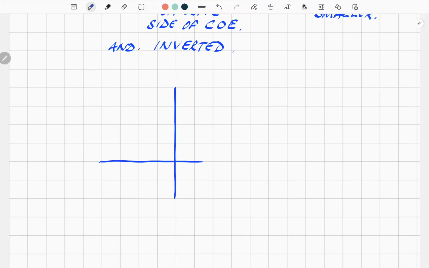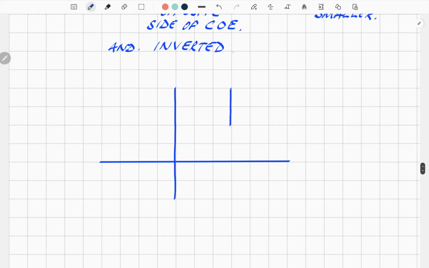Imagine you've got again the same triangle, and this time we're going to do a scale factor equals half, and we're going to pick some weird center of enlargement.